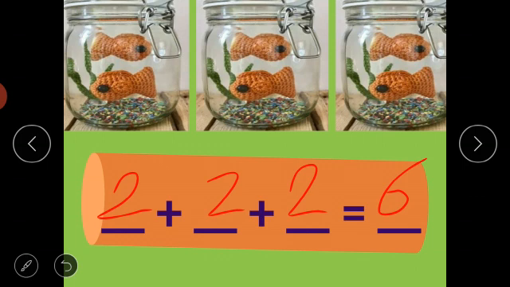So, in the same way, 2 plus 2 plus 2. I am going to add here 2 plus 2 plus 2, means I am repeating the number 2, 3 times. Then I got the result 6. 2 plus 2 plus 2 is equal to 6.